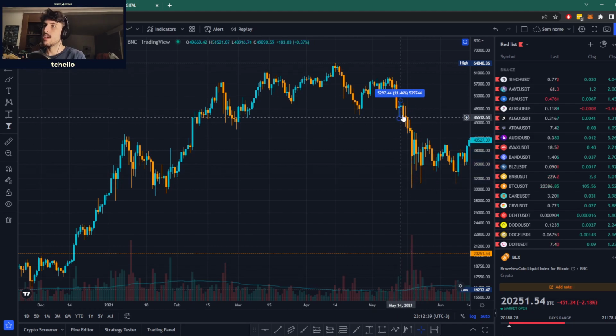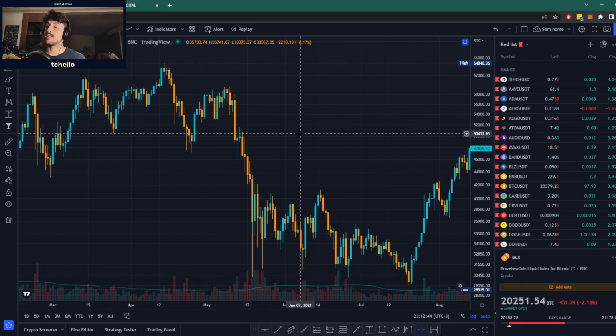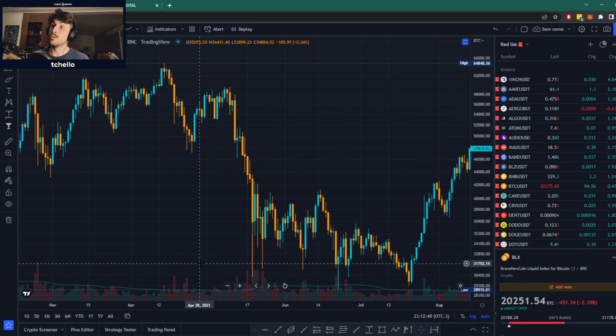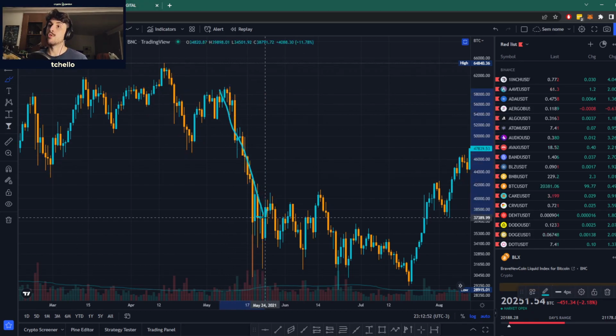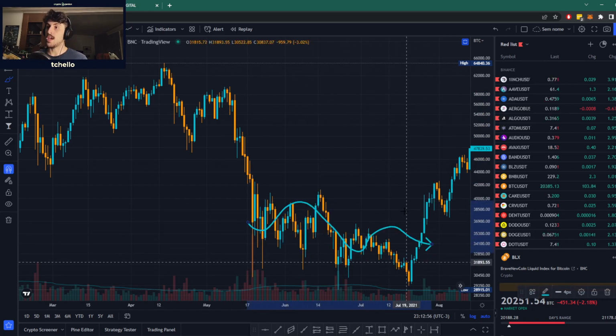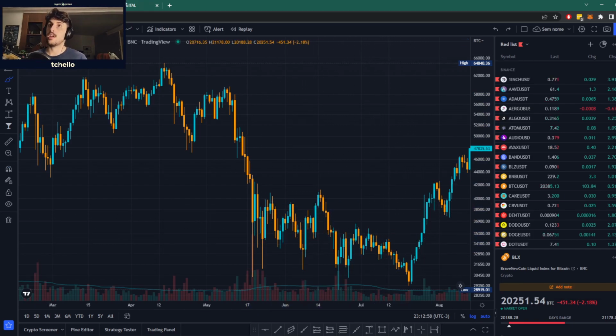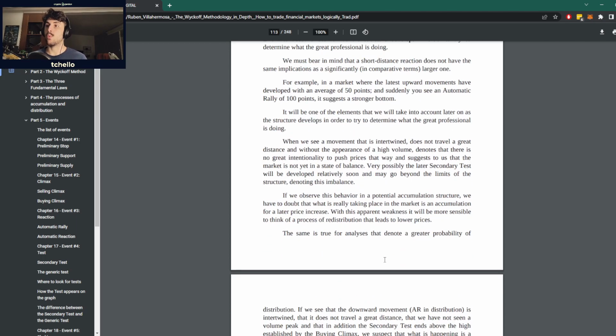If it is a downtrend, it might not necessarily be an accumulation; it can be a redistribution. But it changes the character of the trend from going purely down to maybe going sideways for a while, consolidating and accumulating or distributing. So it has a few implications, and we talked about this.